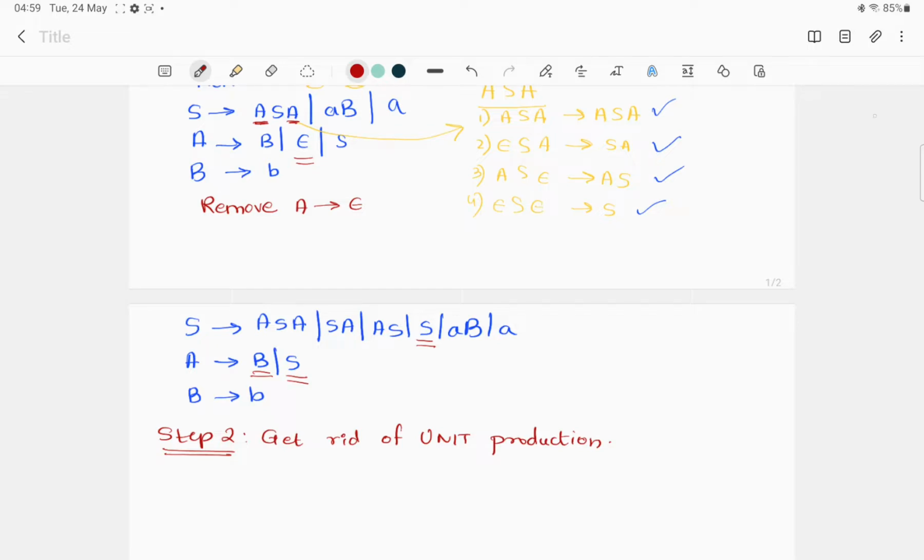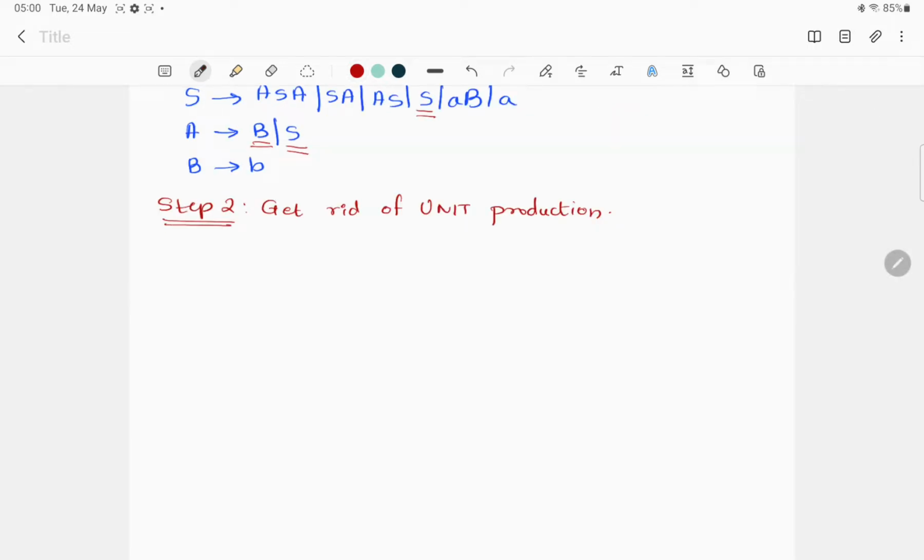Let me put the value for it. So how do I handle this? Whenever we have a rule that is A giving B and B giving AB, say for example, in this case, instead of going from A to B and then from B to AB, why can I not write A giving AB?